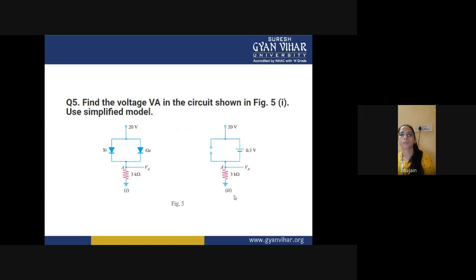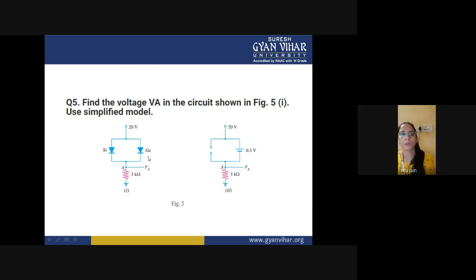Now let's come to the next question. The question is: find the voltage VA in the circuit shown in figure 5 and use the simplified model. You can see it is a very interesting question because we are taking both semiconductor materials over here.